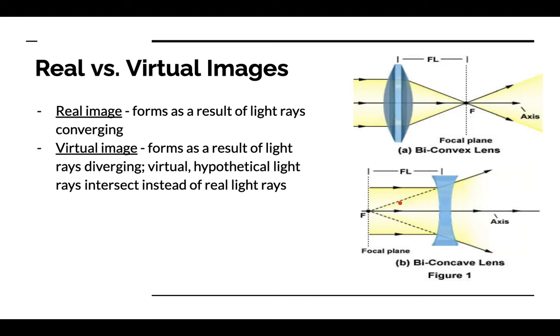Yes, these light rays don't exist, but it is the path that our eyes perceive based on how the light enters our eye, at these diverging paths right here. So based on the path that the light enters our eyes, our eyes perceive that light going backwards as intersecting back here. So it's a little bit of an illusion, kind of, sort of, in a way.